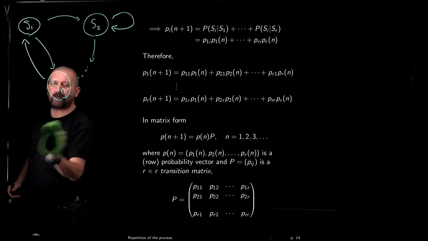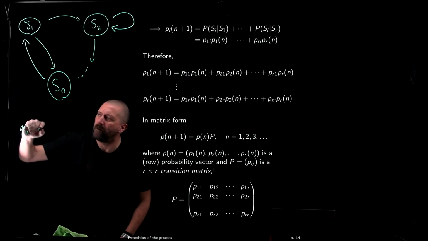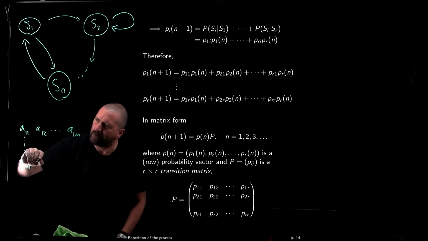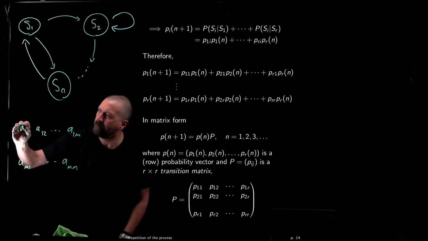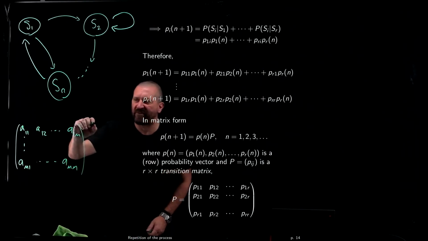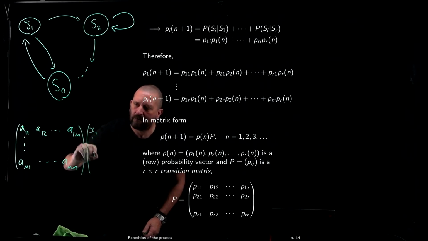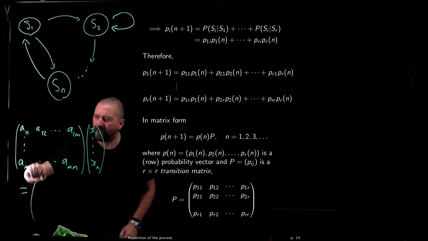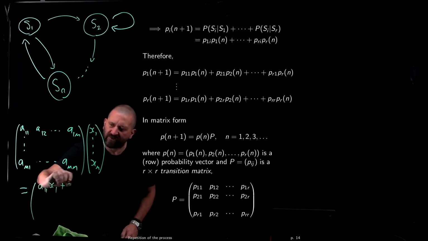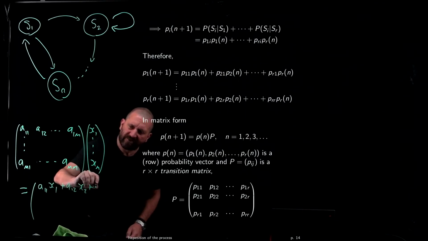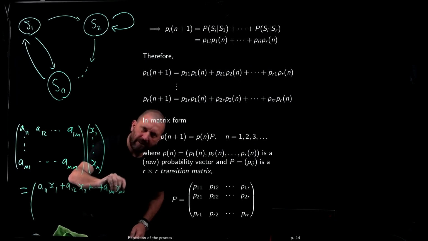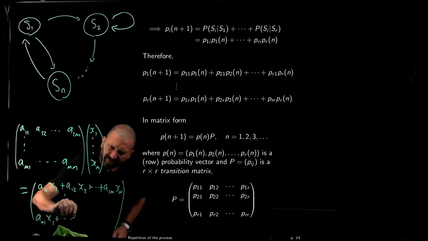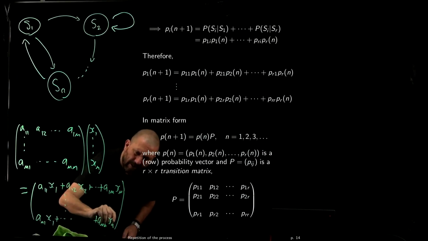So if we had a matrix A11, A12 to A1n, down to AN1, ANN, a square matrix, and I multiplied this on the right by x1 to xn, what I get in my first row is A11 x1 plus A12 x2 plus A1n xn, down to AN1 x1 plus ANN xn.